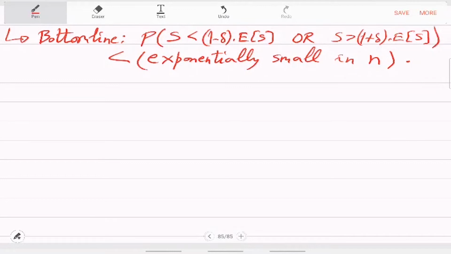Okay, so as you do more and more experiments, the chances are almost nil. So your result S, or sum S, will be very close to expectation.